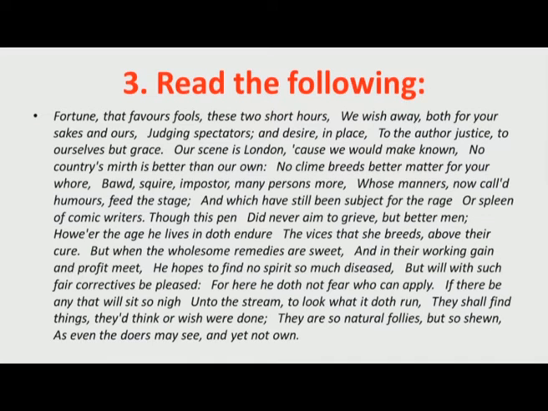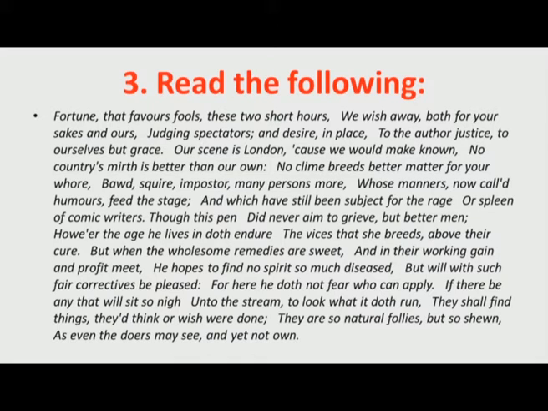Next slide. Please read the following. "Fortune that favors fools, these two short hours we wish away, both for your sakes and ours, judging spectators, and desire in place, to the author justice, to ourselves but grace. Our scene is London, cause we would make known no country's mirth is better than our own.